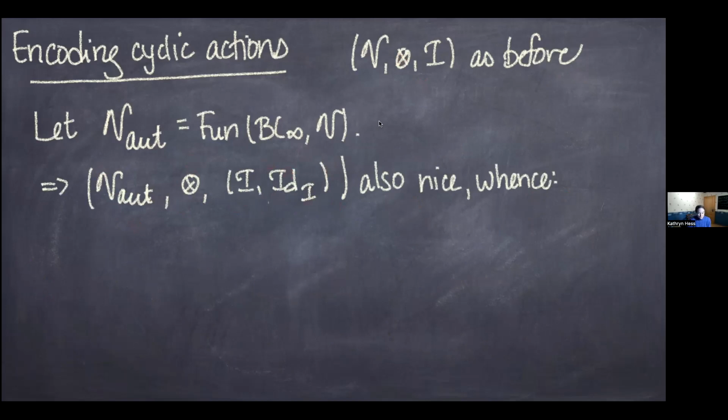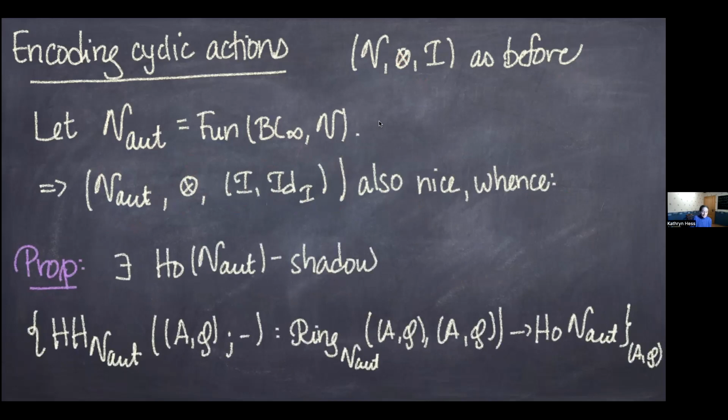This category is also nice, which implies that we can apply all the machinery I just talked about, and we have a shadow with coefficients in the homotopy category of V aut, that associates to any monoid in this category, so a monoid equipped with an automorphism, which is a morphism of monoids, and any bimodule over it, some object in this homotopy category.